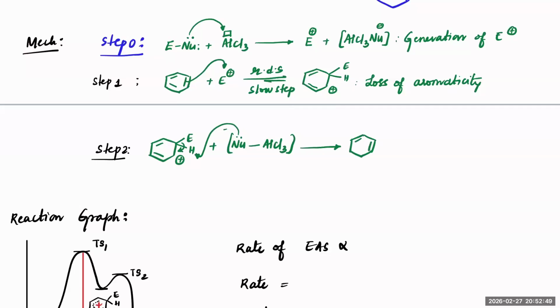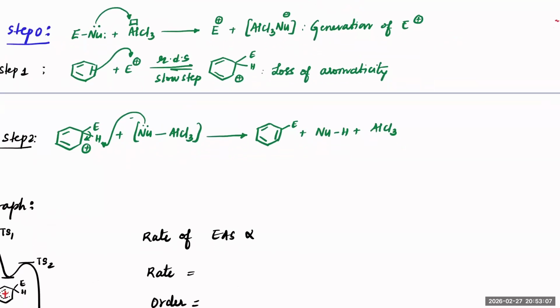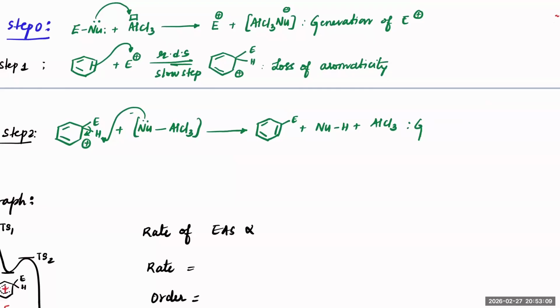So you'll get double bond, double bond, double bond with the electrophile here, and the nucleophile will take that hydrogen and disconnect from AlCl3. So AlCl3 overall is acting like a catalyst. It was initially involved, and now it has come out. Now what happened? This is the gain of aromaticity.